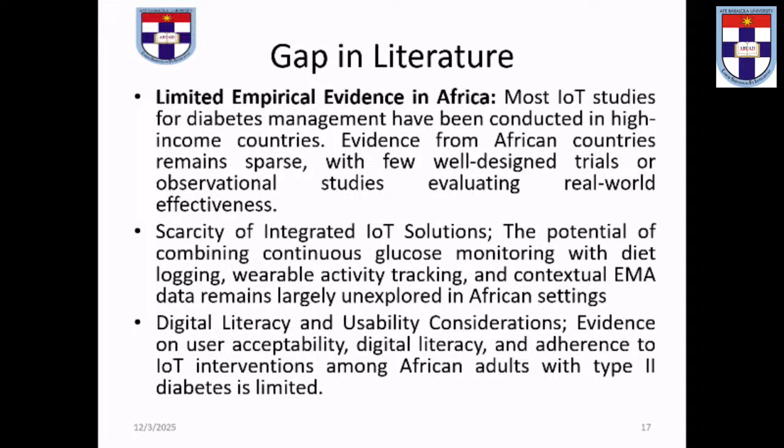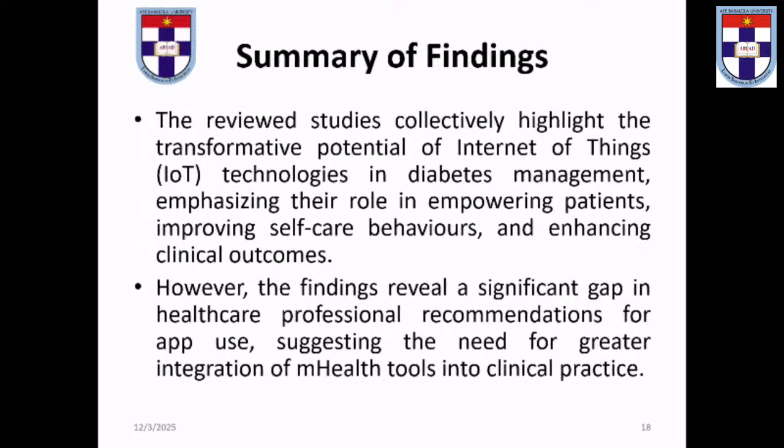They usually go alone in terms of mobile applications, SMS, phone calls, and so on. Then digital literacy and usability considerations are also important, as digital literacy has been discovered to be low among Africans.